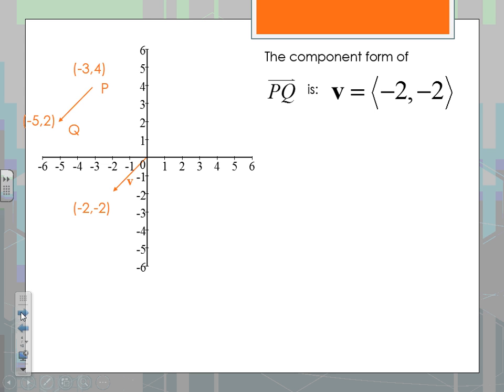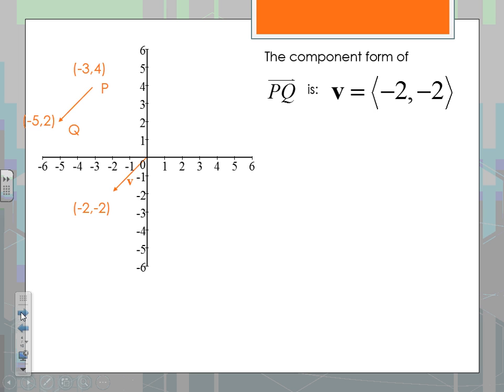We have to take terminal minus initial. So -5 minus -3, or -2. 2 minus 4, -2. So our component form is -2, -2, which would look like this in standard form. I think that's the easiest way to visualize vectors, in standard form.